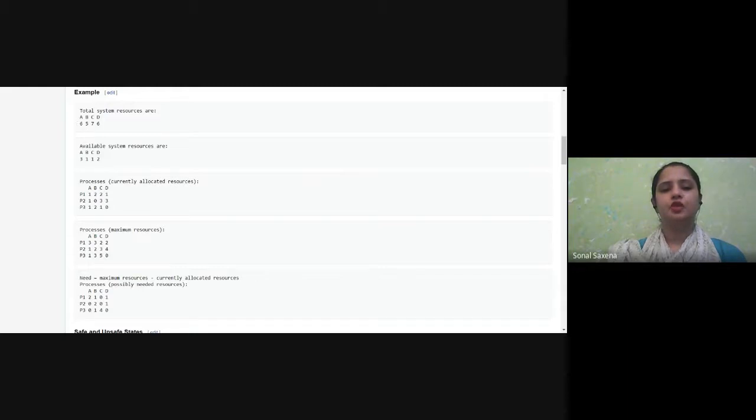The system has a total of 6 instances of A resource. Then a total of 5 resources are there of type B. Then for C type resource, we have in total 7 instances. And for the D resource, we have in total 6 resources, right? 6 count. So this is the count of total system resources that we have.